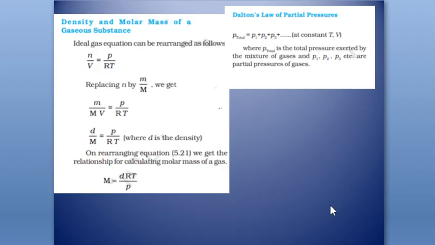So small m by MV is equal to P by RT. Small m by V is equal to density d. So molar mass M is equal to dRT by P.